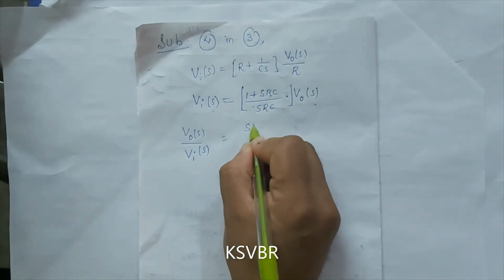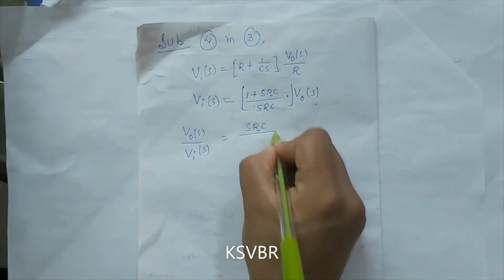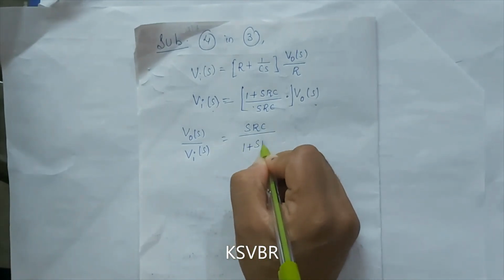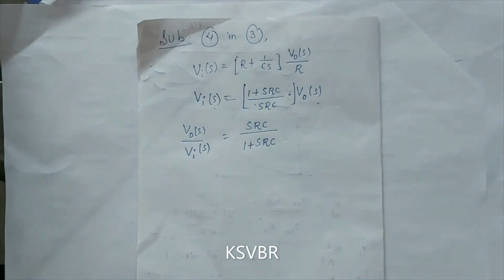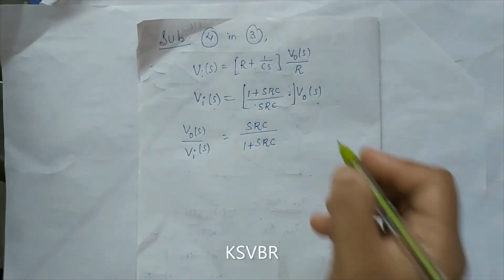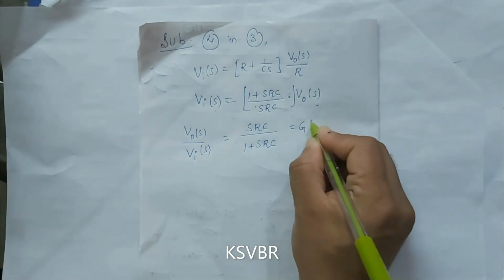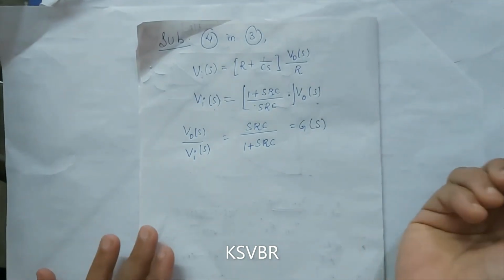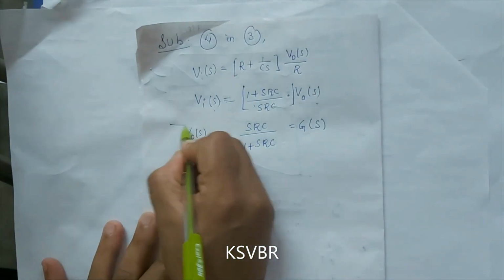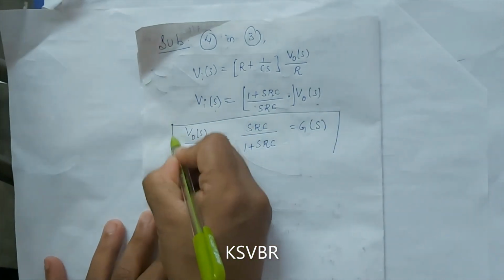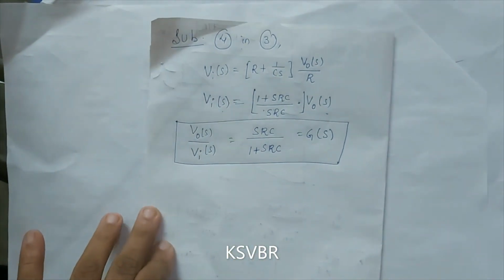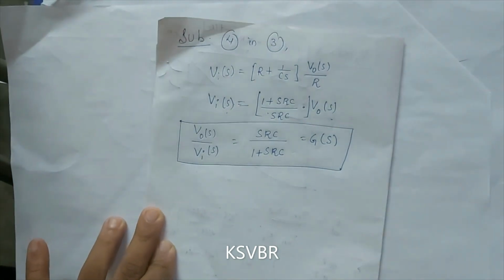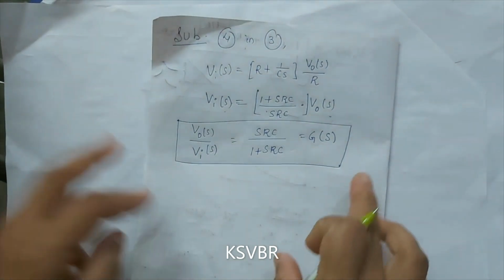So SRC by 1 plus SRC. This is the transfer function. This is G of S or H of S, you can call it in any way. This is the transfer function of the high pass filter. You compare with the low pass filter, this is somewhat less in length.